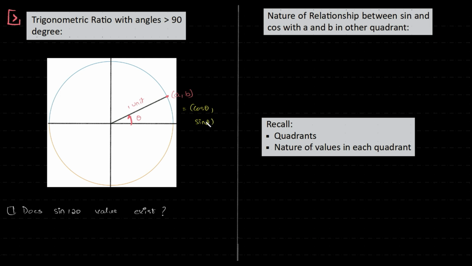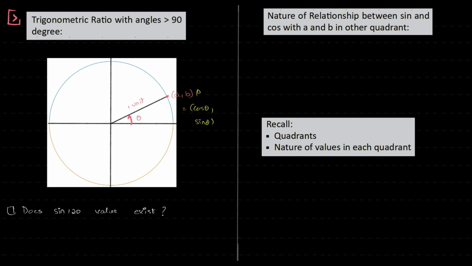Indirectly, what we are trying to say is that I can find point P's coordinates with the help of cos theta and sine theta, that is, by knowing theta and applying these trigonometric functions.